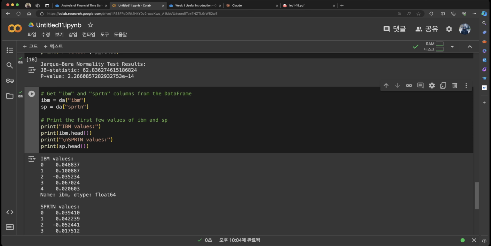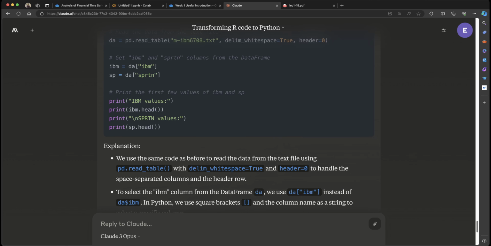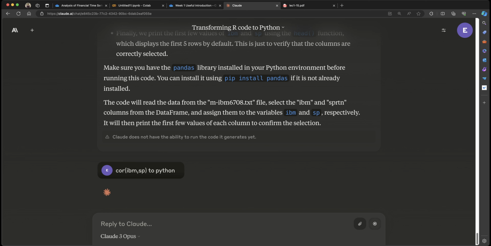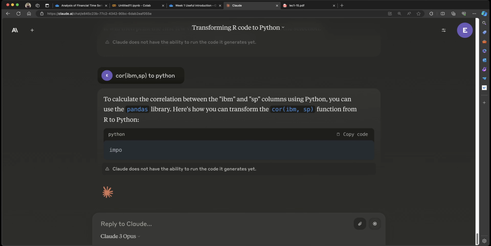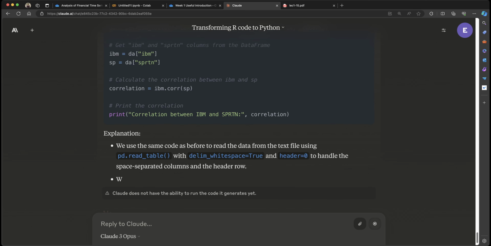Okay, and then what else? We can calculate correlation. I think in Python I can do it. Okay, now, correlation in Python.